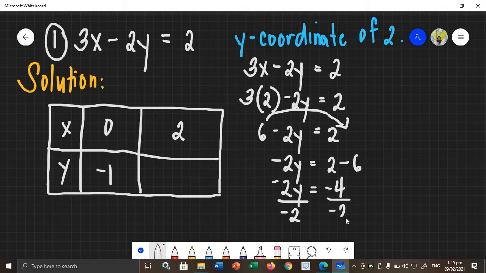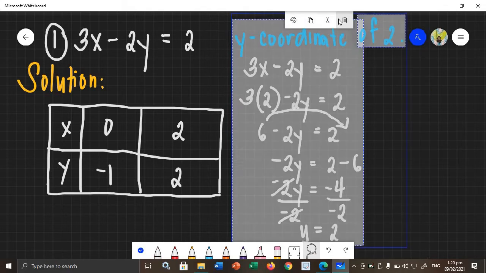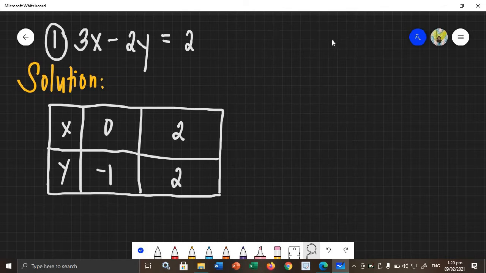So, divide natin sa negative 4 by negative 2. Therefore, your y is equal to negative 4 over negative 2. That will be equal to positive 2. So, you have 2 there. So, that's it, no? Meron na tayong table of values ng x and y coordinate.